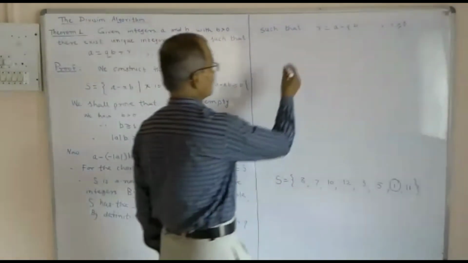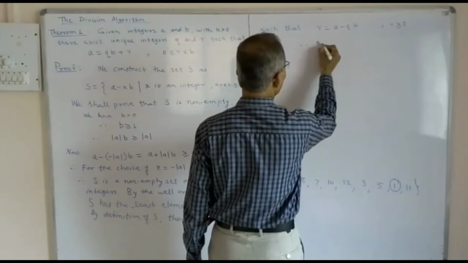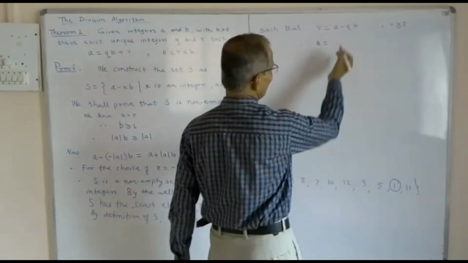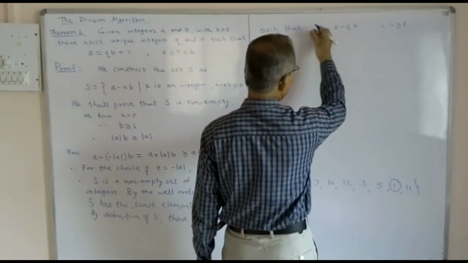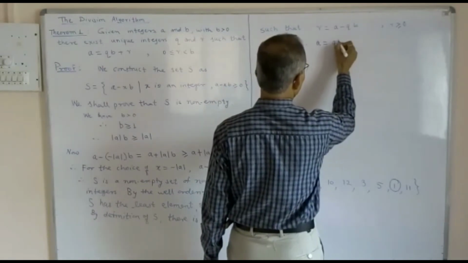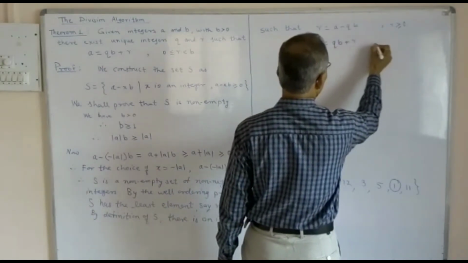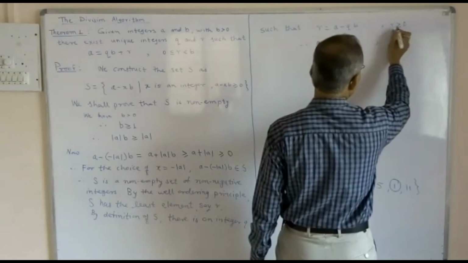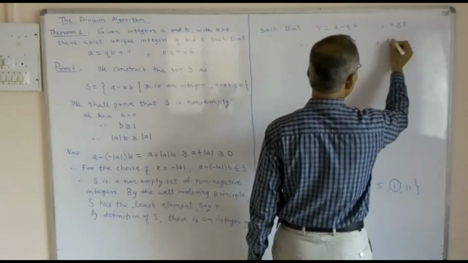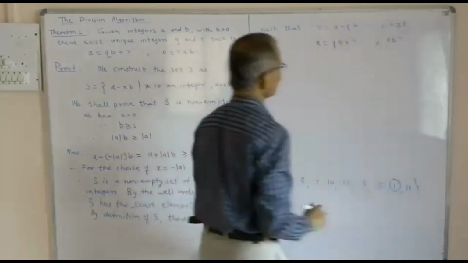Now from this we can write A is equal to, taking this qB on the other side, qB plus R, and the condition is R is greater than or equal to 0, meaning 0 is less than or equal to R.